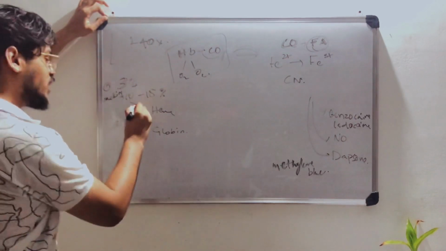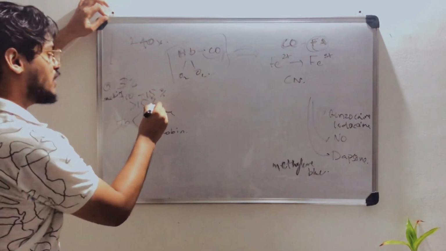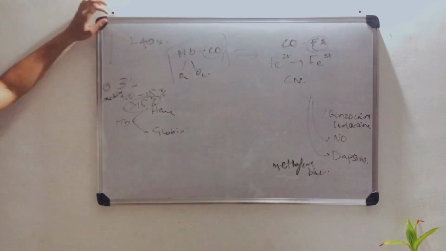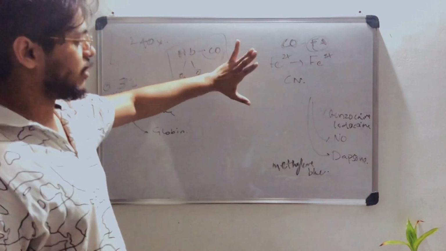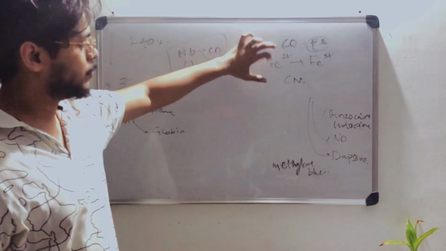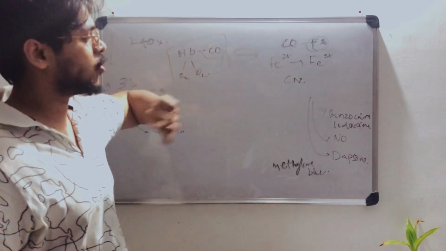But if it is more than 15%, that means it is poisonous. Carbon monoxide. Okay. Now we understood both carbon monoxide poisoning and methemoglobinemia.